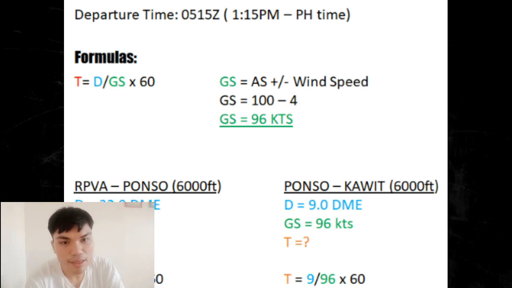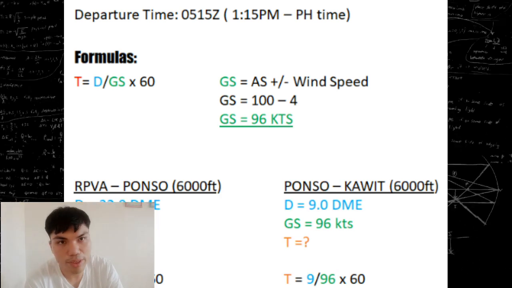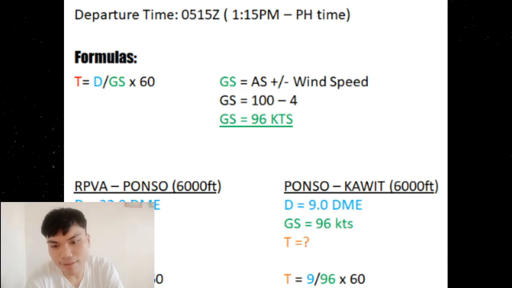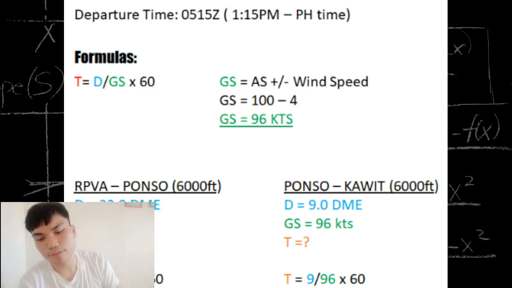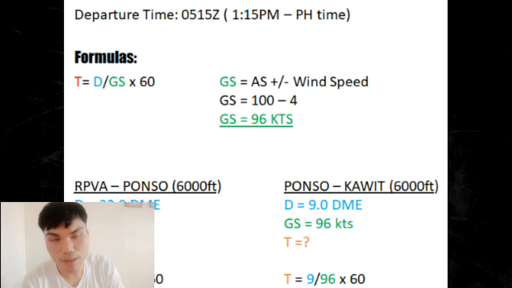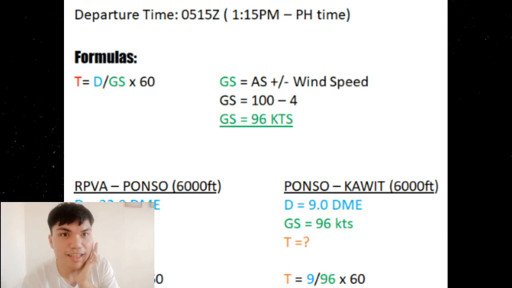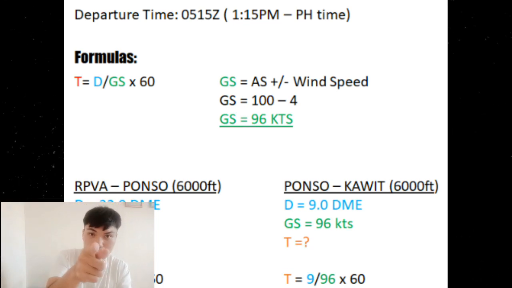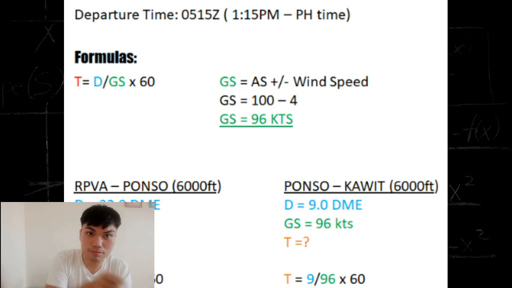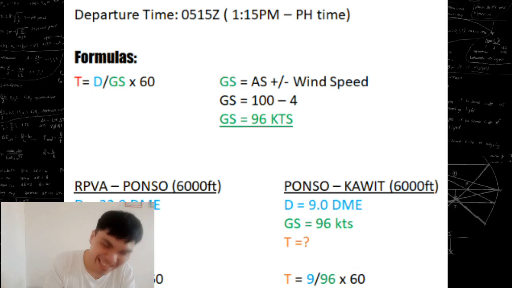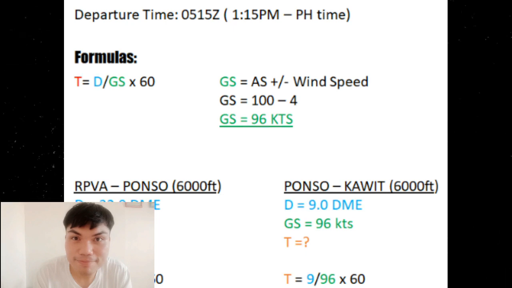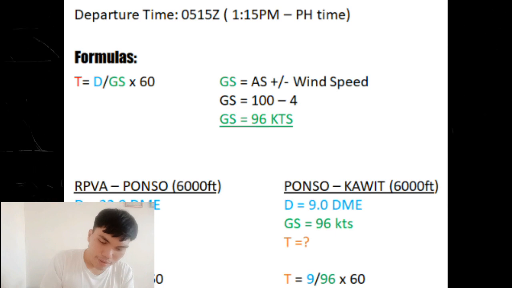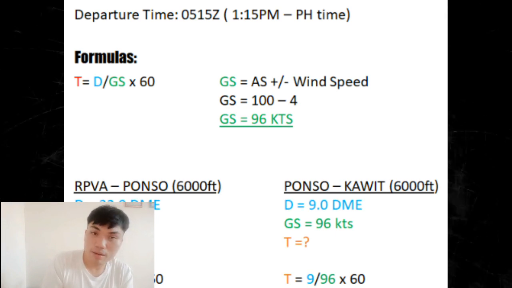That's the headwind, since it's 360 and we are heading 229, that's the opposite side. The ground speed is 96 knots. Editor, edit, that's 96 knots, not 906. Okay, next. So we have our ground speed.